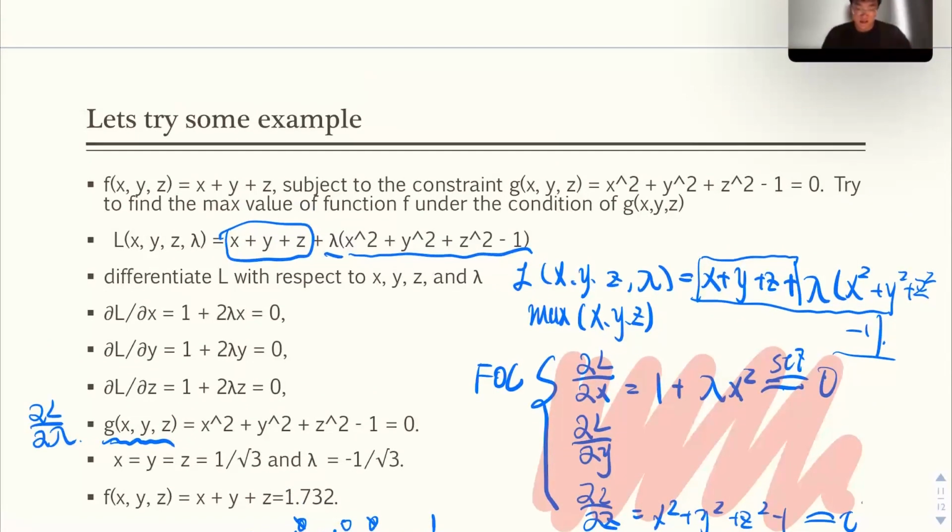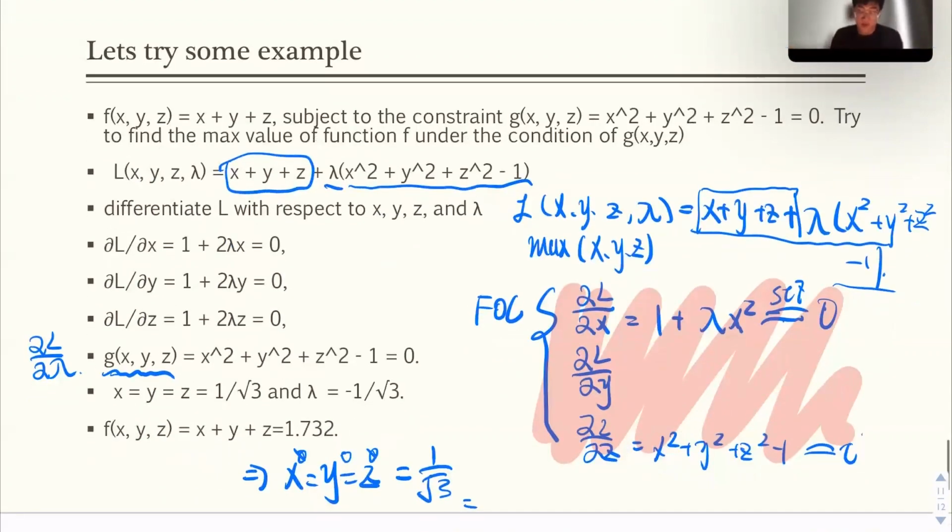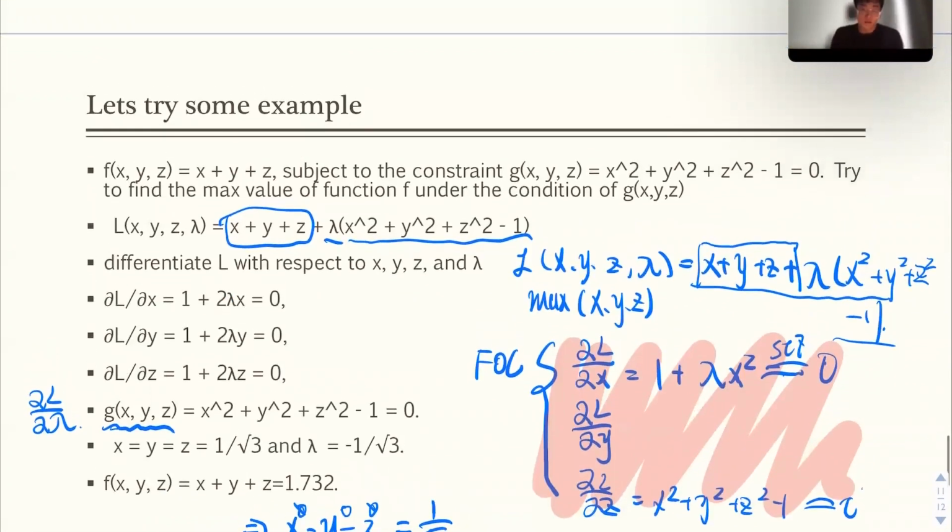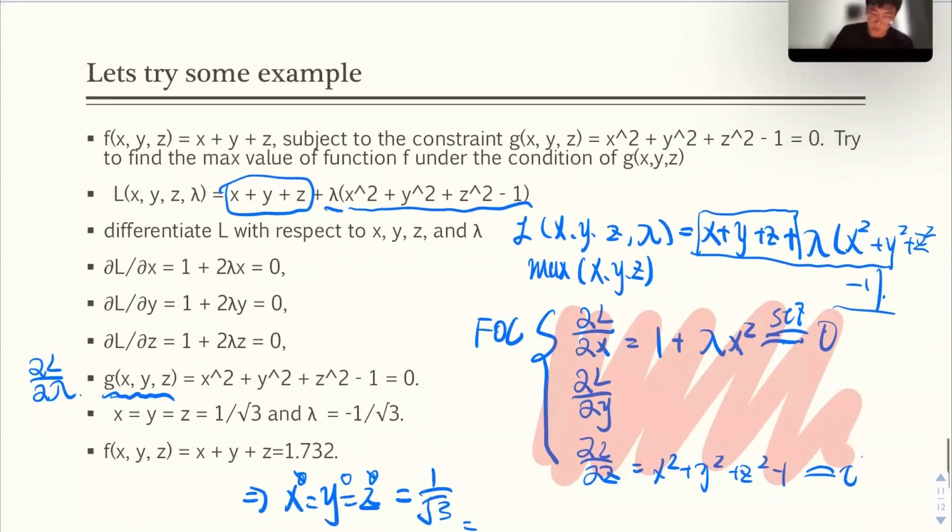Then if you want to know the specific value the function reaches at this point, we simply plug these critical points into the objective function, which is x plus y plus z, and we will eventually get approximately 1.732.